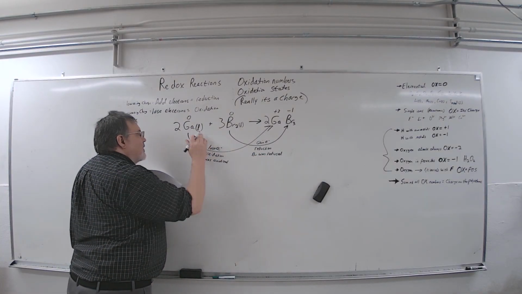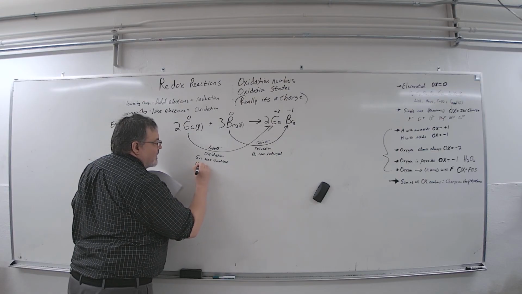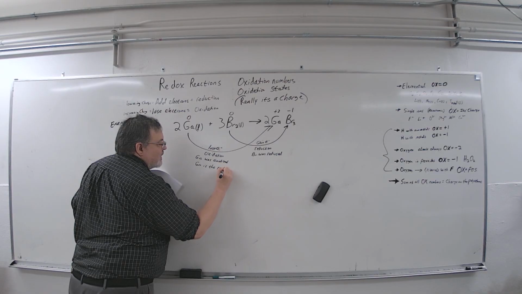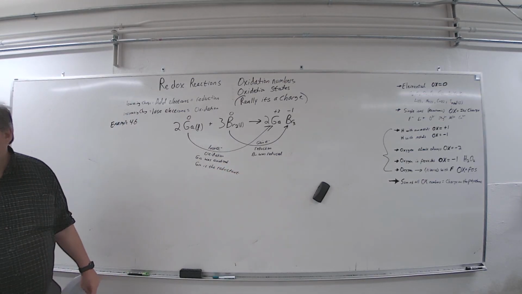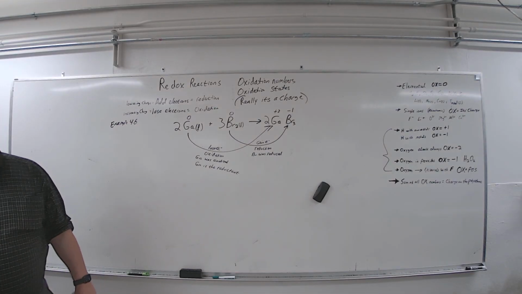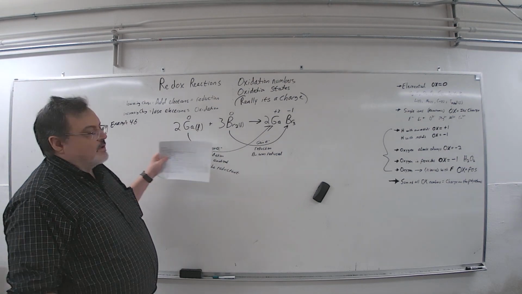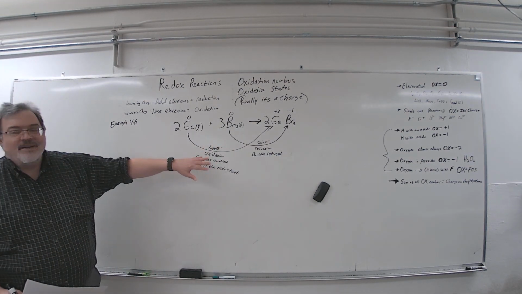Oxidation occurred on gallium. Gallium was oxidized. Gallium is the reductant because it caused reduction to happen by its ability to lose electrons. That is confusing because I'm just flipping that word right here.